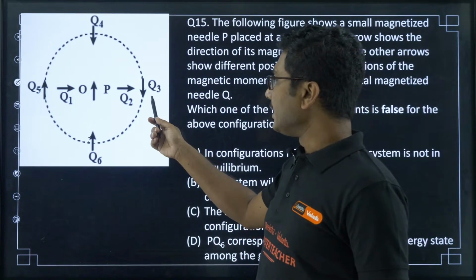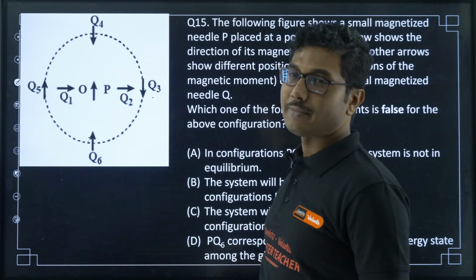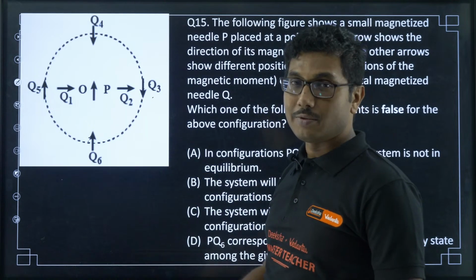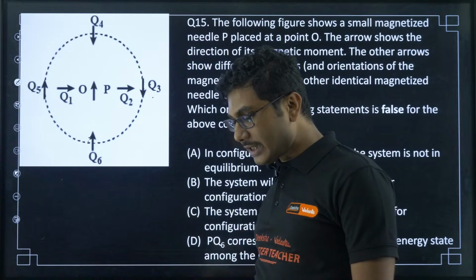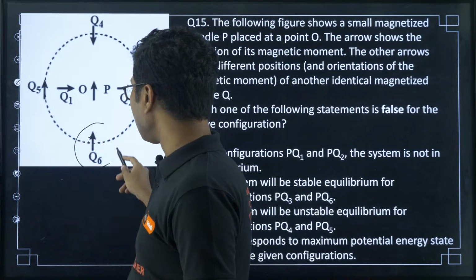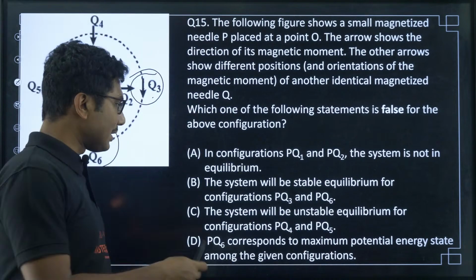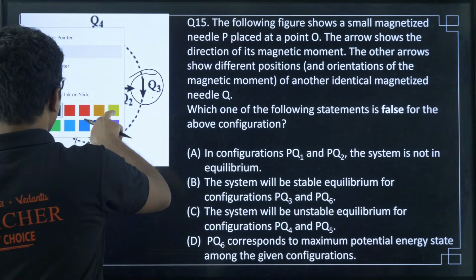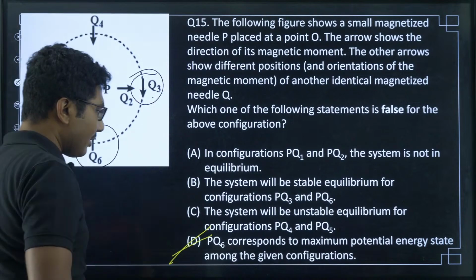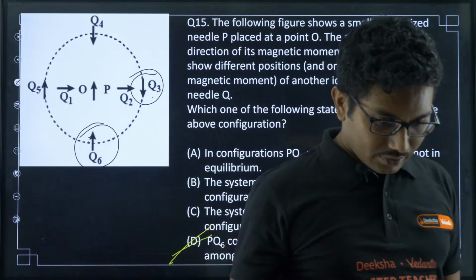In this case also the potential energy is maximum, that is why they are in stable equilibrium. Stable equilibrium means potential energy is maximum. So PQ6 is not the only one, this will also have the maximum potential energy, that is why option D is incorrect. So that's why I said this is a little higher level question, so you have to be careful.